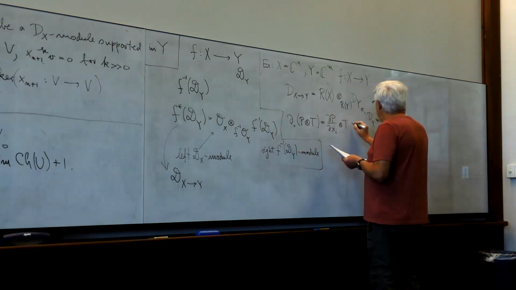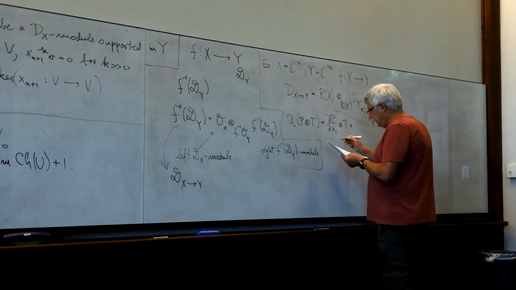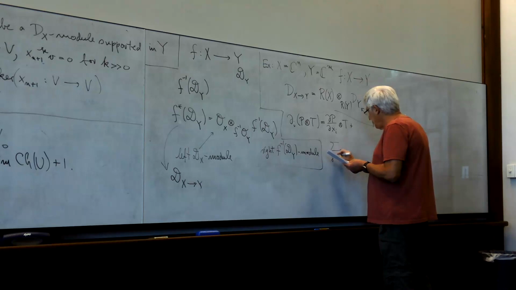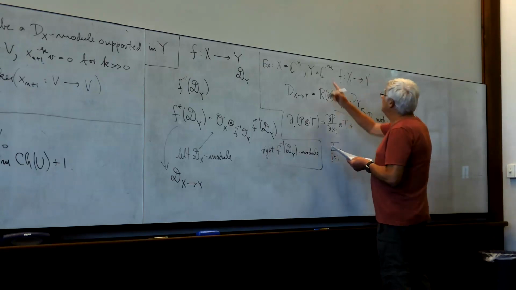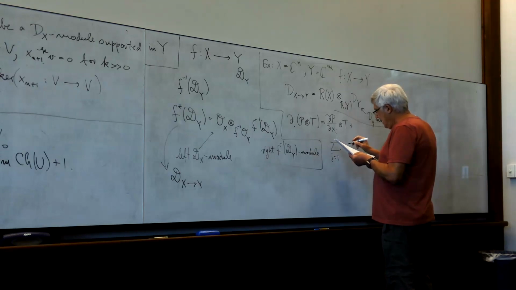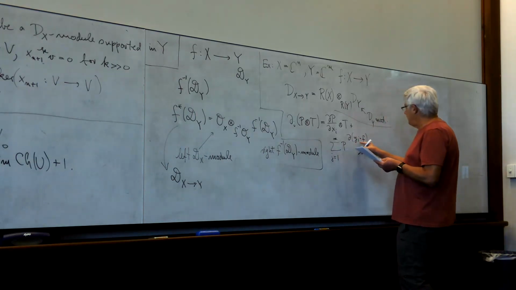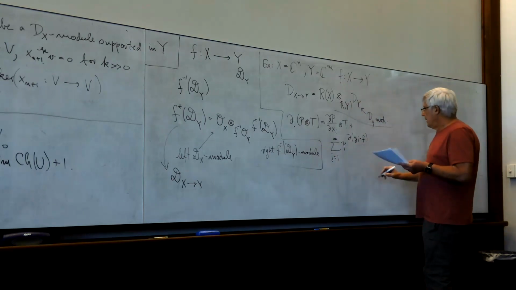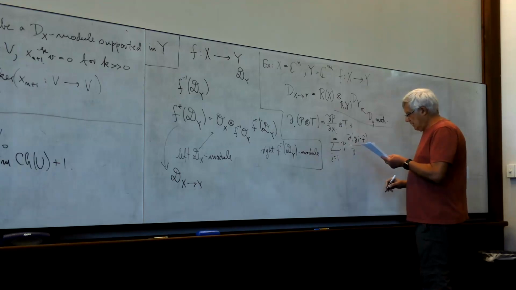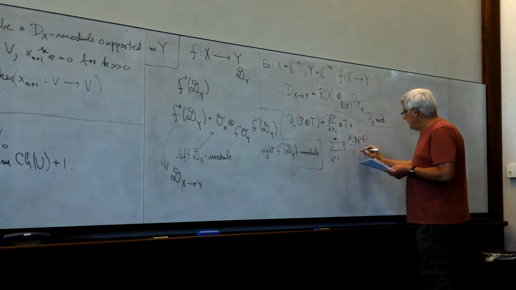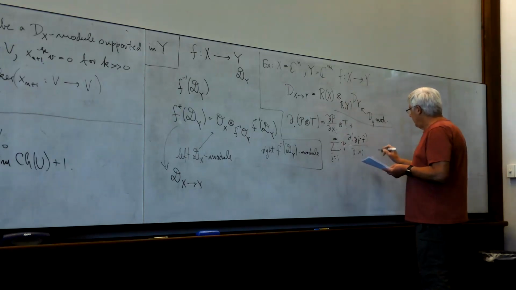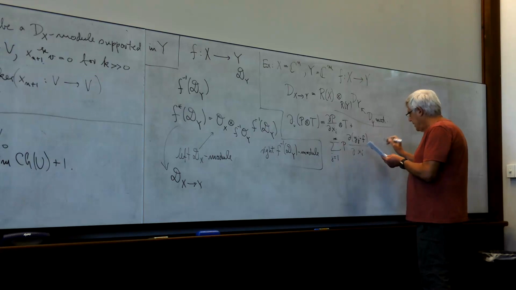tensor P plus the sum over j from 1 to m of P times the partial derivative of f_j with respect to x_i, tensor the partial derivative with respect to y_j.